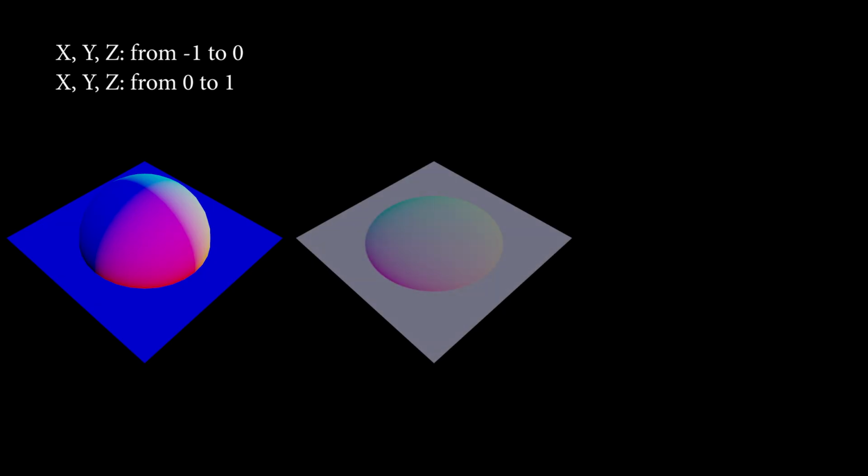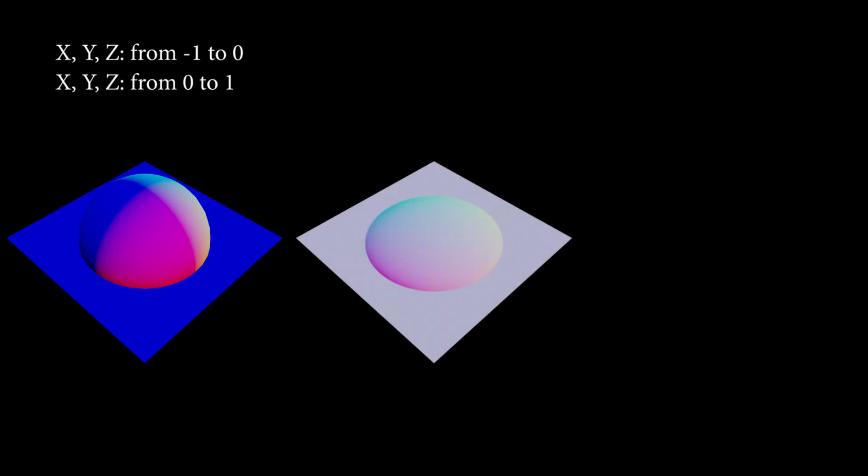Now that we understand normals in Blender, we know that they are vectors with coordinates ranging between -1 and 1 on the x, y, and z axes. These values determine the direction in which faces point in 3D space. When we bake the normals of a sphere onto a plane, we create a normal map.